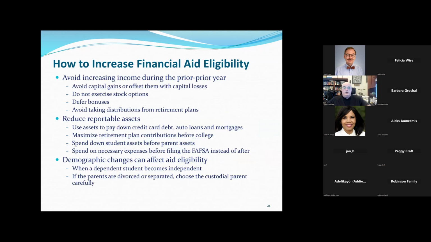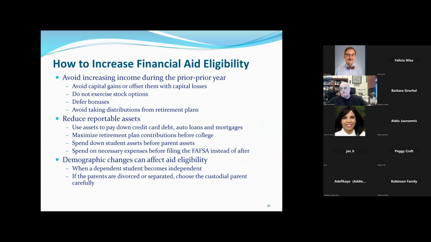Okay, now here's a topic that everybody wants to know, which is how do you increase your eligibility for student financial aid? So first, remember the FAFSA is based on 2-year-old income information. You should try to avoid artificially increasing that income during that prior year and subsequent years, since that will decrease eligibility for need-based financial aid.